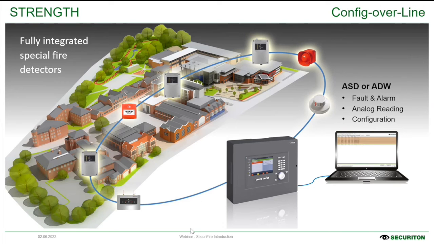The main target is that you now have the possibility to connect with your SecuriFire Studio configuration tool to the fire control panel and configure and monitor the special fire detectors directly from the panel itself.